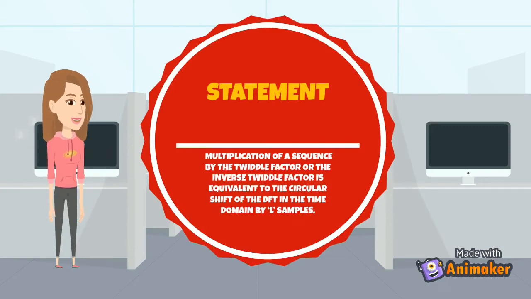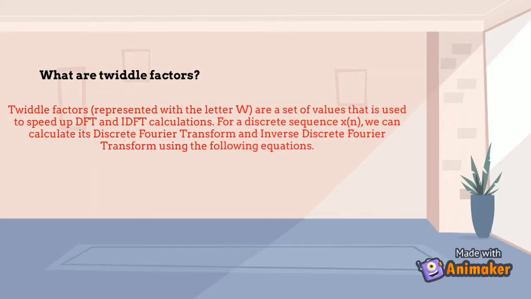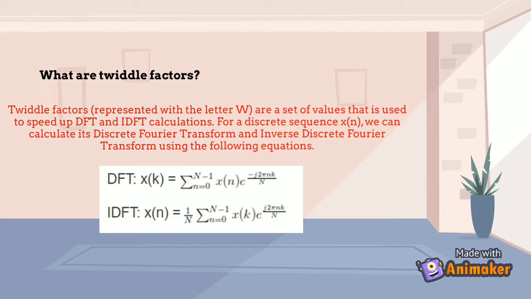As we came to know what a circular shift is, let's have a look at what the Twiddle factor is. Twiddle factors are the set of values that can be used to speed up the discrete Fourier transform and inverse discrete Fourier transform. It can also be represented with the letter capital W. For a discrete sequence x of n, we can calculate its discrete Fourier transform and inverse discrete Fourier transform using the following equations.